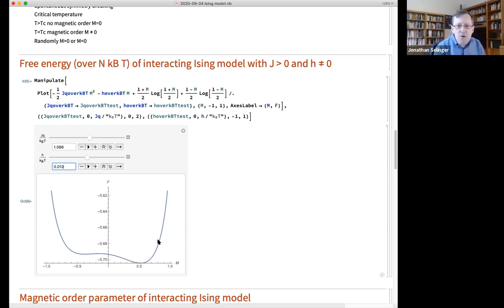So as a function of magnetic field, there is now a jump in the magnetic order parameter. When you change the field, when it passes through zero, the minimum jumps from here over to there and vice versa.